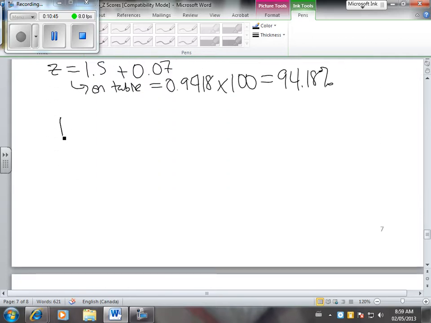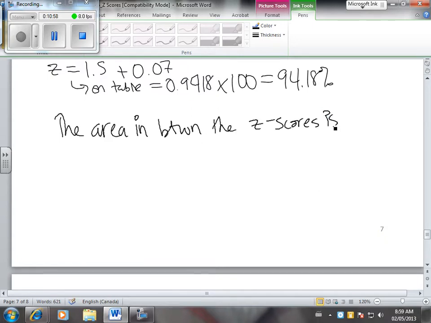So the area in between the z-scores is the difference. So we're going to subtract the difference in areas.